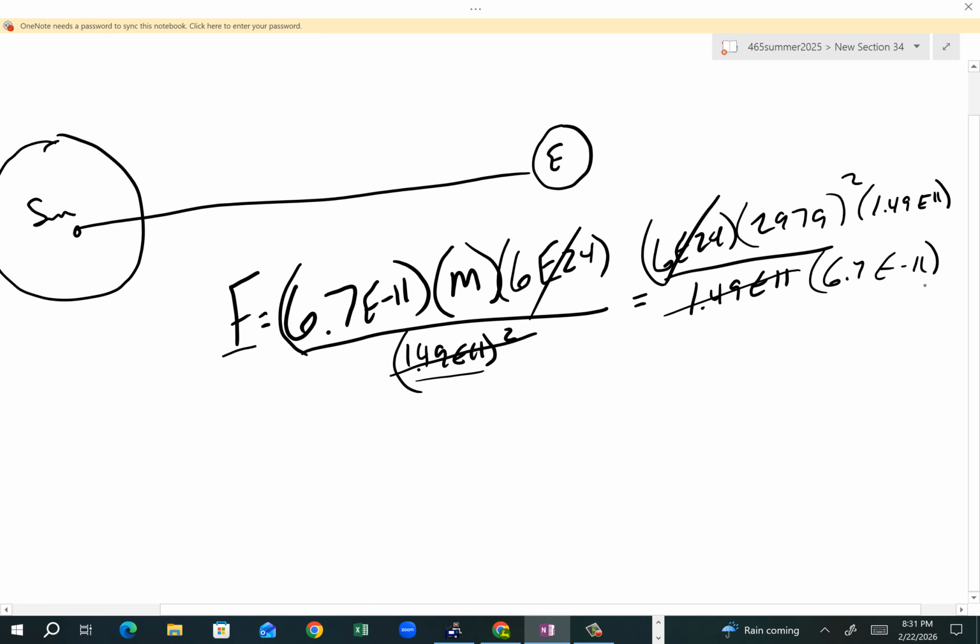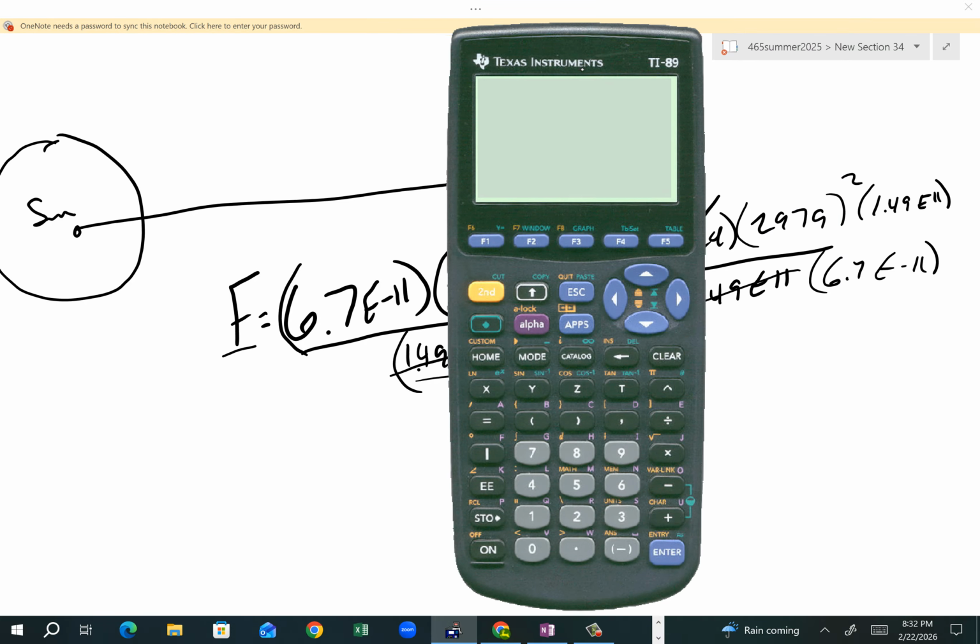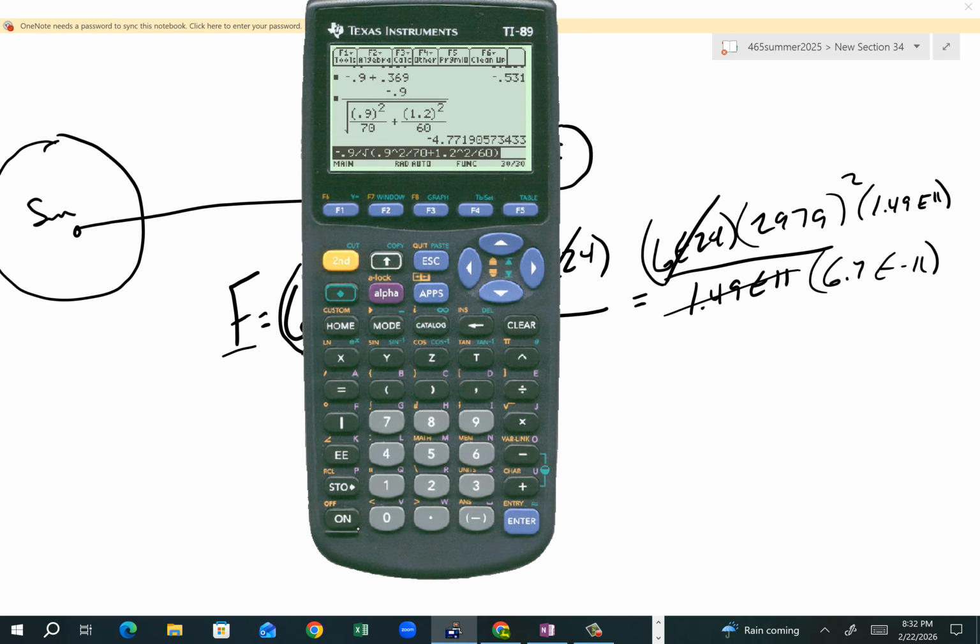That's going to make it big. You can do the math on this, and that will equal the mass of the sun. The mass of the sun is fairly large. I want to say it's around E30, something like that.